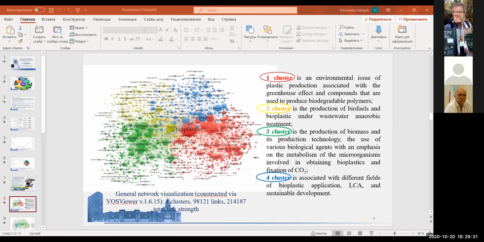So the direction is very relevant, but of course traditional plastic now has a strong position. Nevertheless, we see the impact of ecological factors, and more industrial enterprises are thinking about bioplastic and how it can be applied.